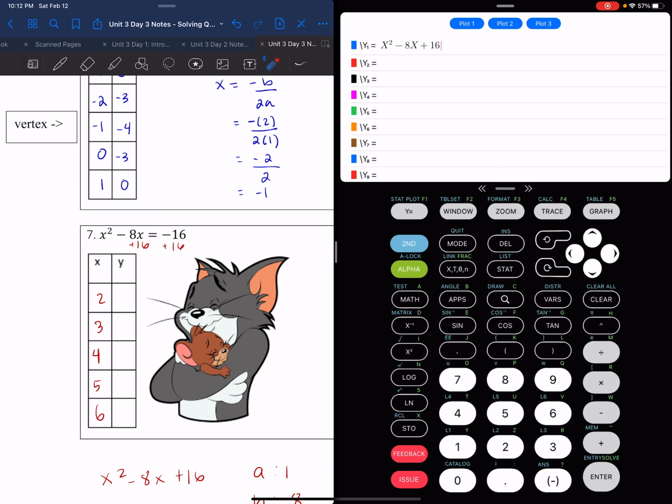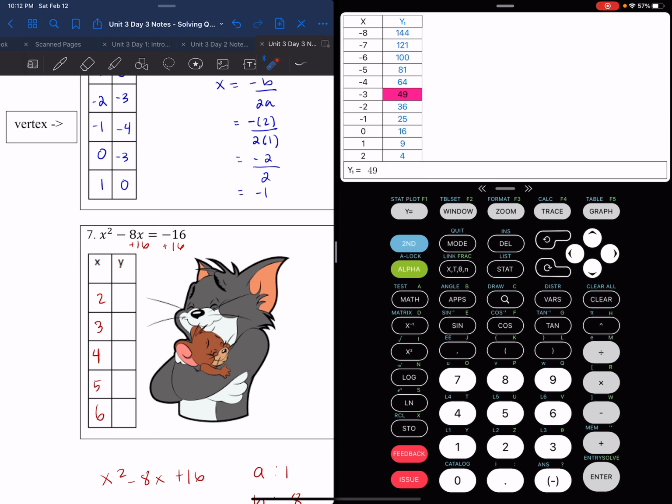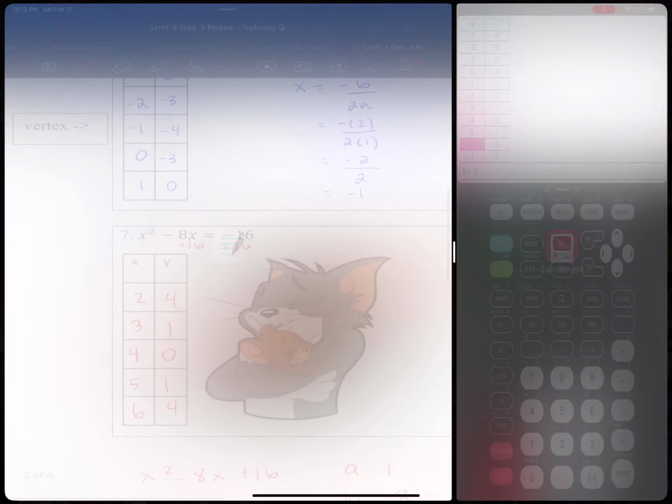And then I press second graph, and then I'm going to figure out where 4 is, and that's where it makes it a little easy. So 4 is right here, so I put 0. And then 3, 1, 2, 4, and then go all the way down. 5, 1, 6, 4, and that looks very, very symmetrical, right?